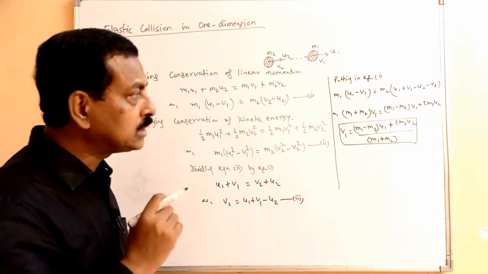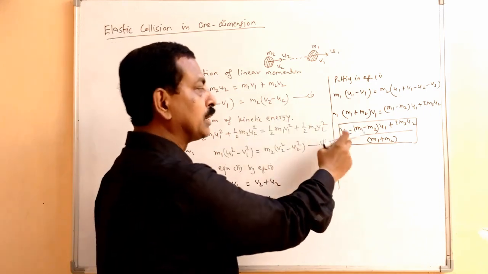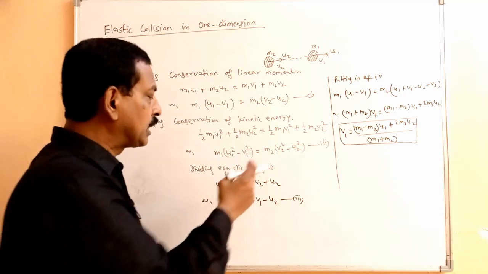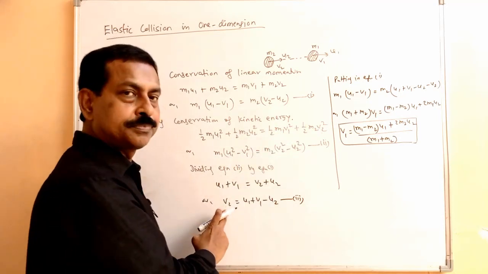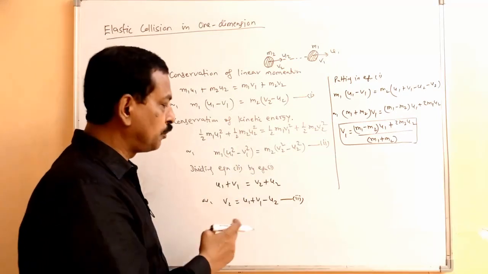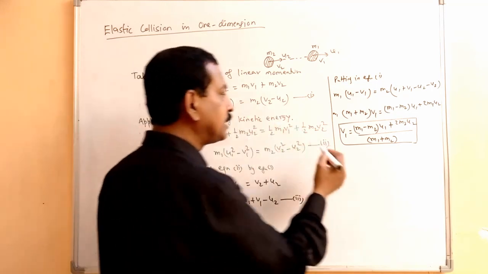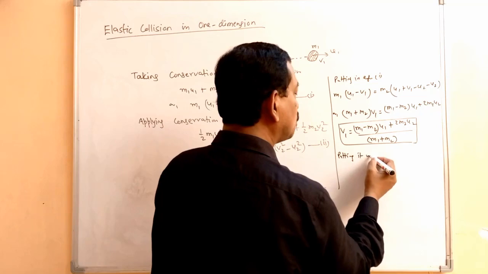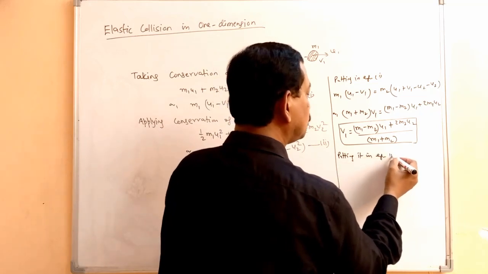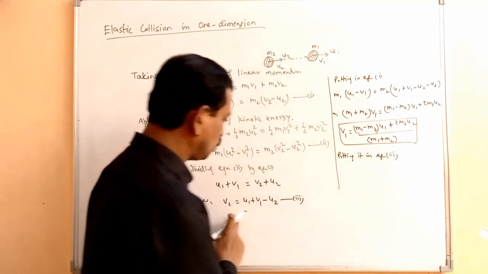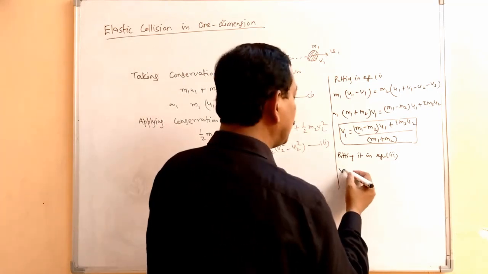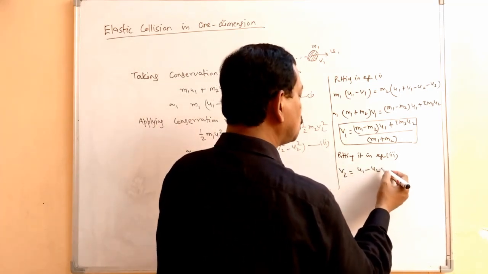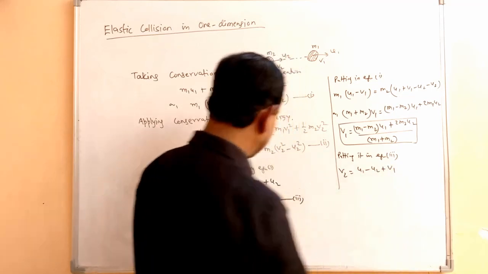Now once we have the expression for v1, that is the velocity of the first body after collision, we can put that in equation 3 and get the expression for v2. So v2 will be equal to u1 minus u2 plus v1, which was there.